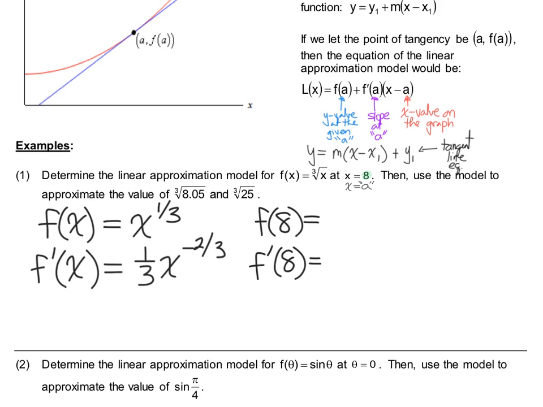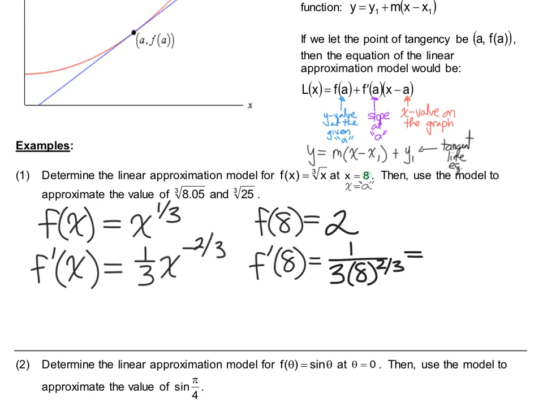But anyway, the cube root of 8 is what? 2. The derivative part can be a little trickier, but these problems are designed for you to be able to come up with the answer without using a calculator. So I'll rewrite it, because in this case it's going to be a little bit easier: 1 over 3 times 8 to the 2/3.